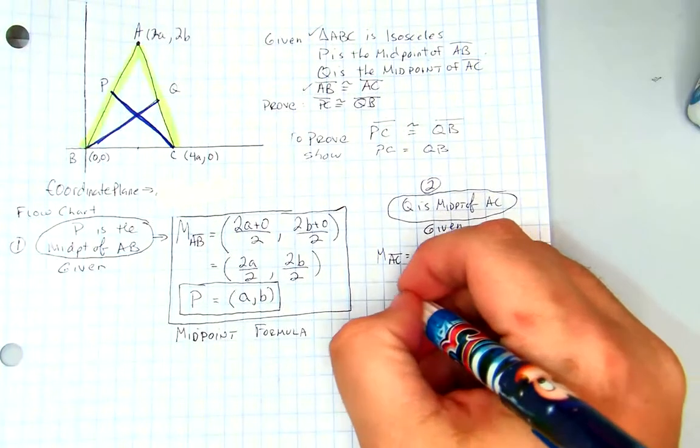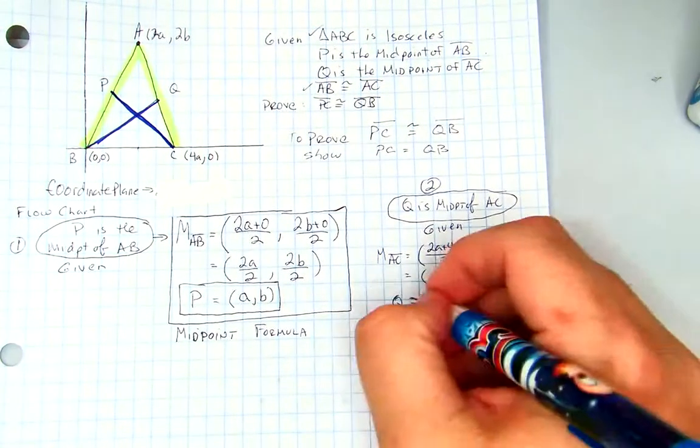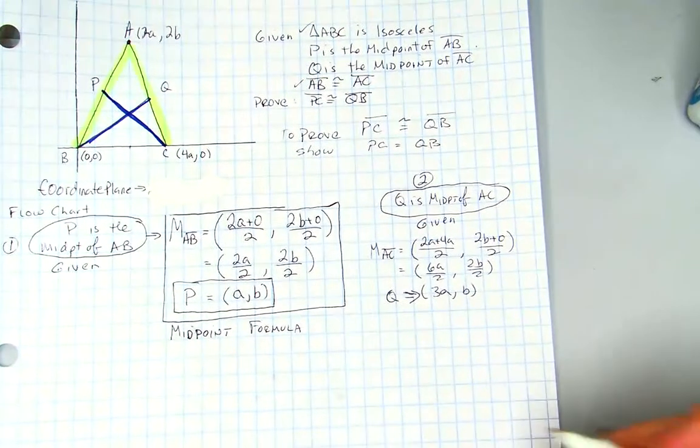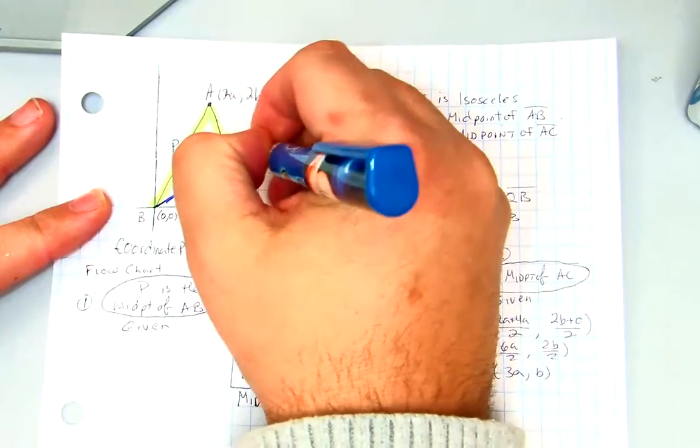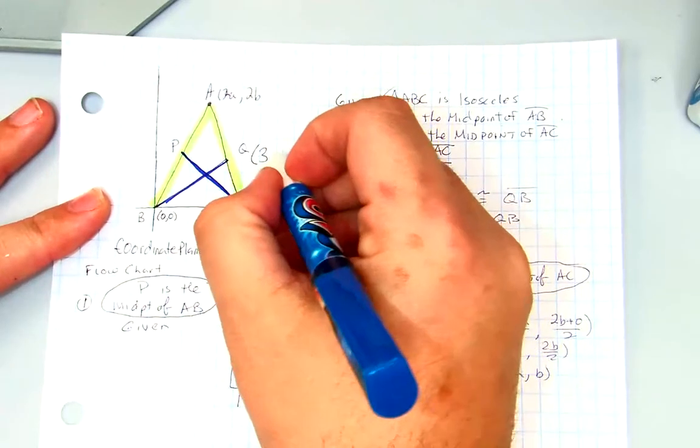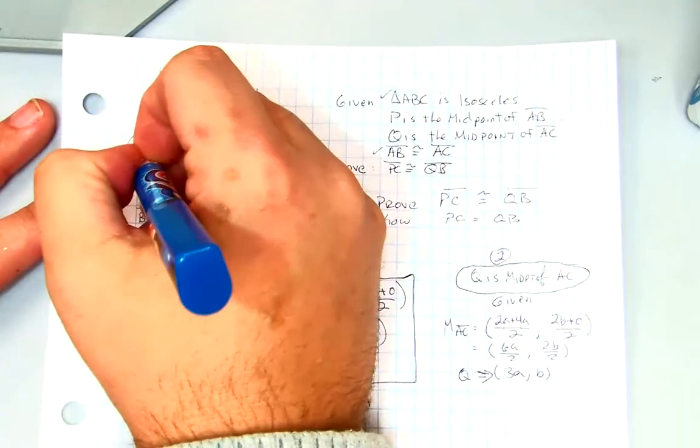And so Q is at the point 3a comma b. So if I go back to the original paper here, that's 3a comma b, and this is a comma b.